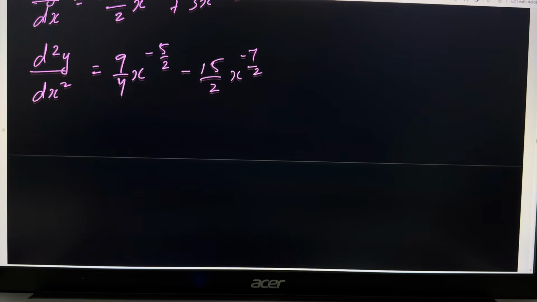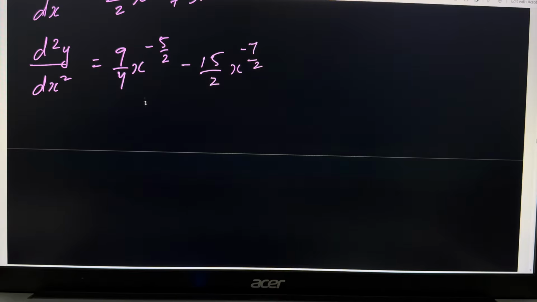To find minimum and maximum, we see if d2y/dx2, when we plug in the x value, is greater than 0, it's a minimum. If it's less than 0, if it's negative, it's a maximum, okay?